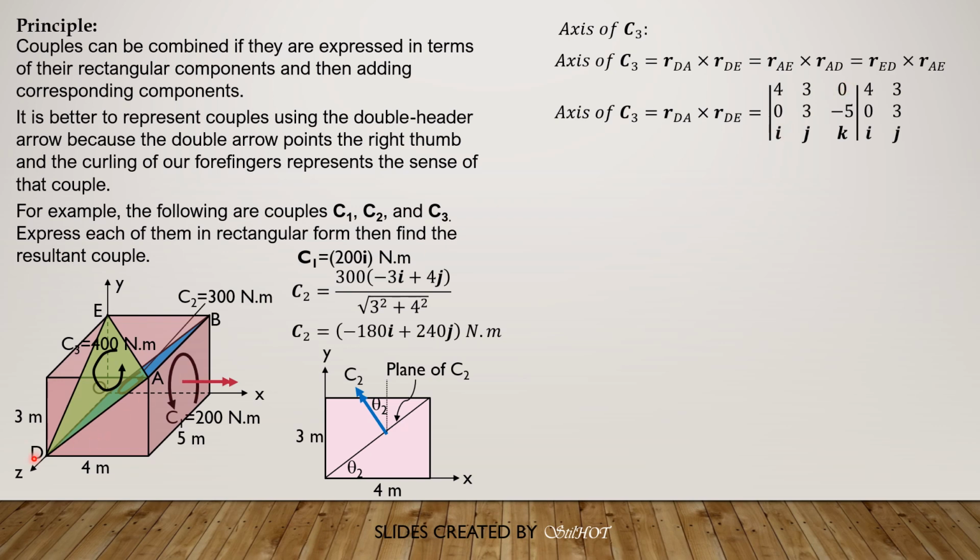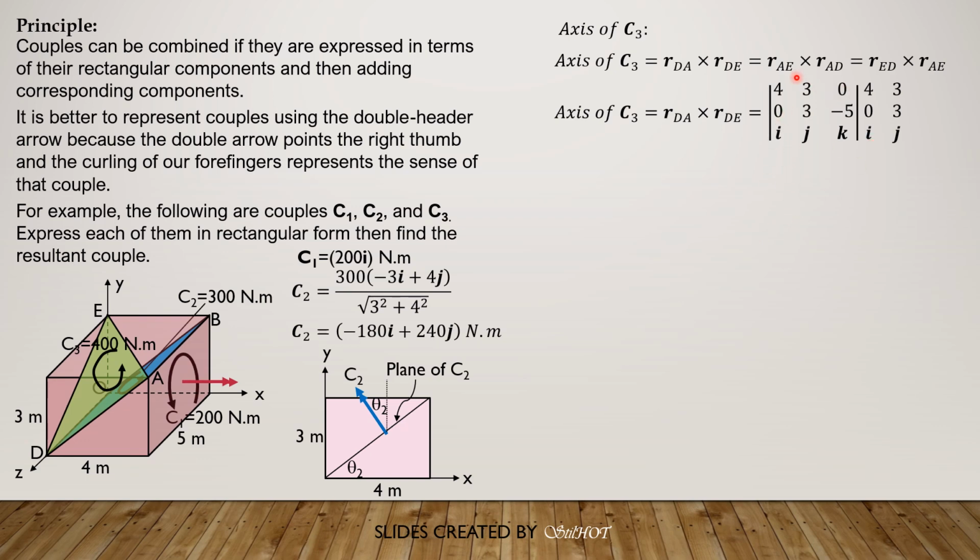Then for DE, it is pointing backward and upward. So 0i, positive 3j, negative 5k. So 0, positive 3, negative 5. And copy the elements of the first two columns and the unit vectors ijk.